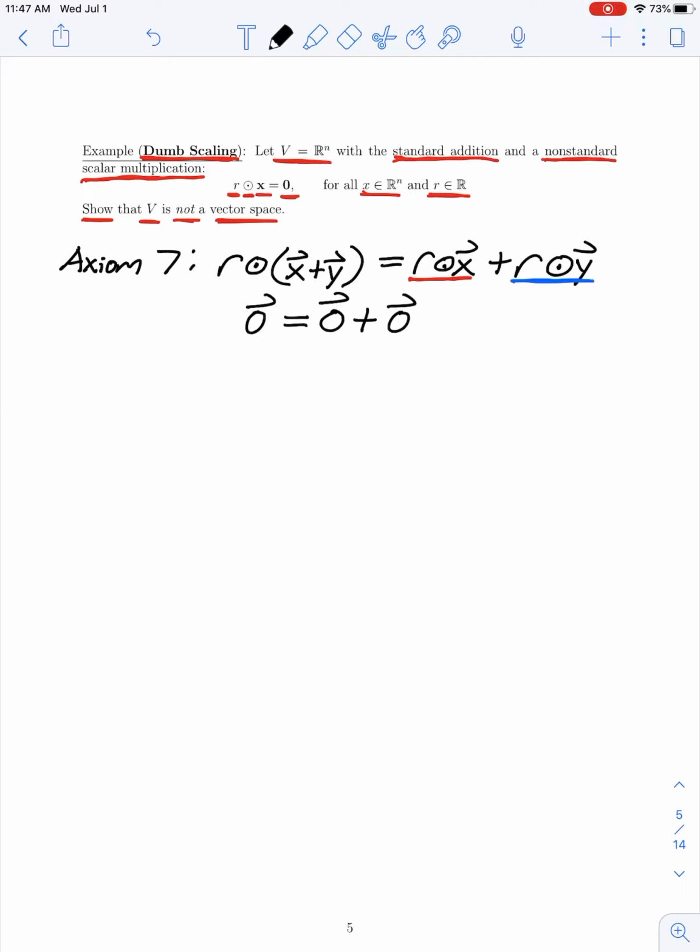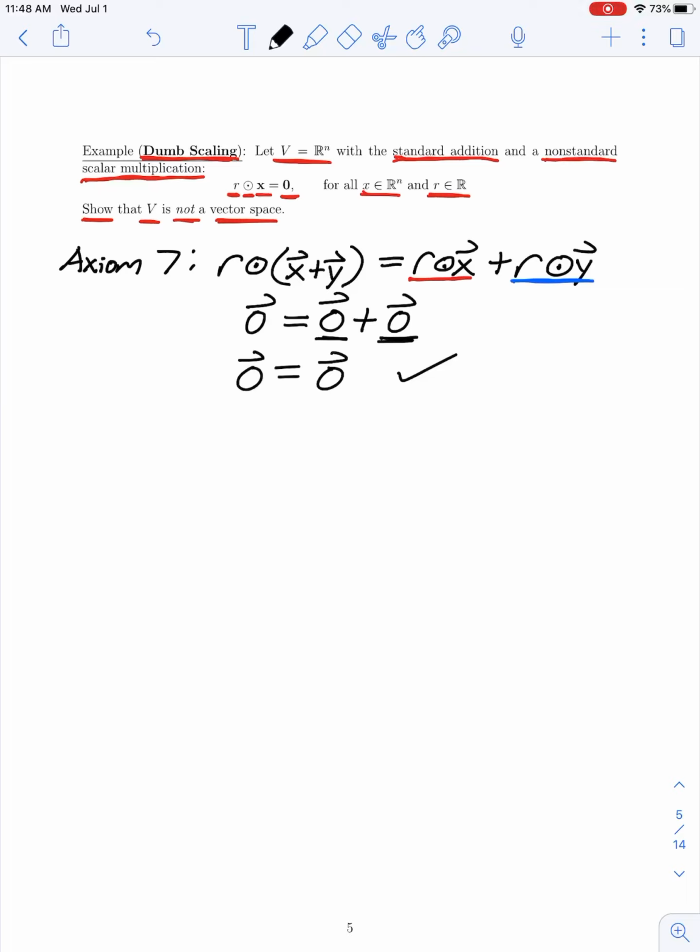Now, based off the definition of the zero vector, on this right-hand side, if I'm summing the zero vector with anything else, I get that other vector, in this case the zero vector. So this axiom 7 does hold true, using this odd definition of a scalar multiple.